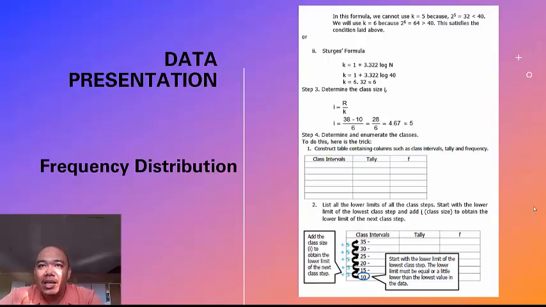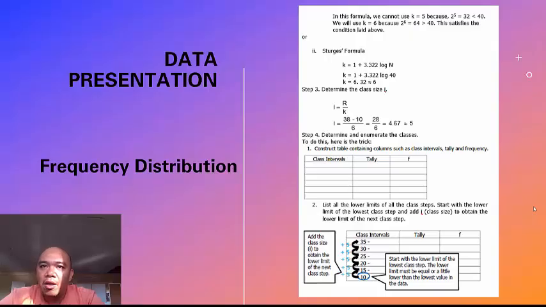Then determine and enumerate the classes. So there is a series of steps. First, construct a table containing columns such as class intervals, tally, and frequency. And then list the lower limits of the class steps.